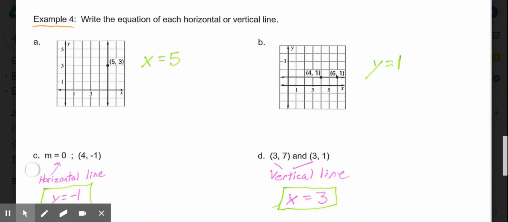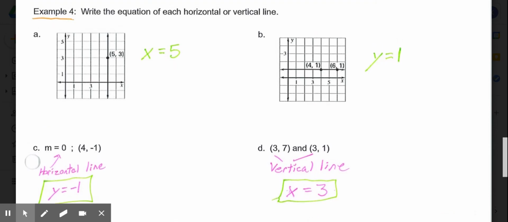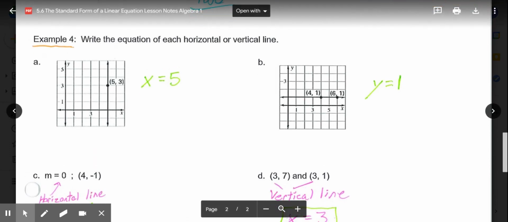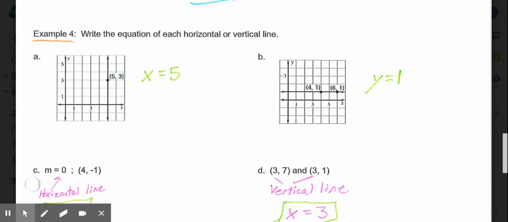And then we get down to our last pieces, which are the idea behind horizontal or vertical lines. So again, in standard form, horizontal and vertical lines have a special equation.